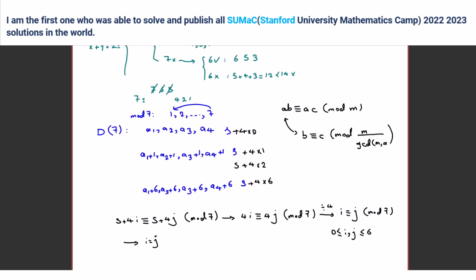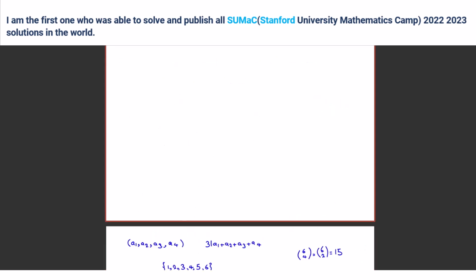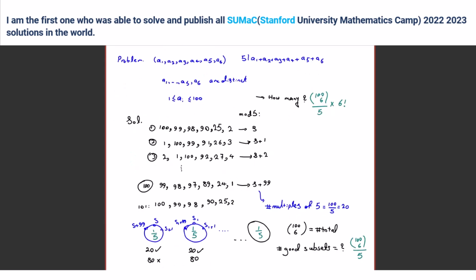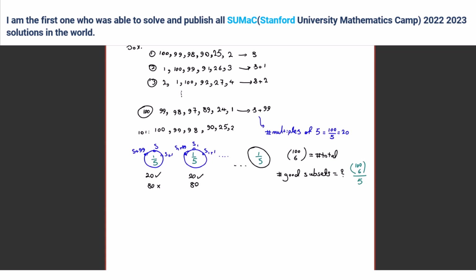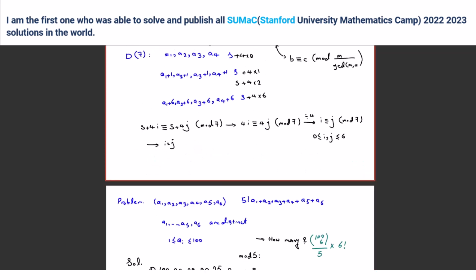So 1/7 of the cases are multiples of 7, like here we said 1/5, and here we said 1/3, right? So you can say, we have 7 numbers, 7 choose 4 over 7.